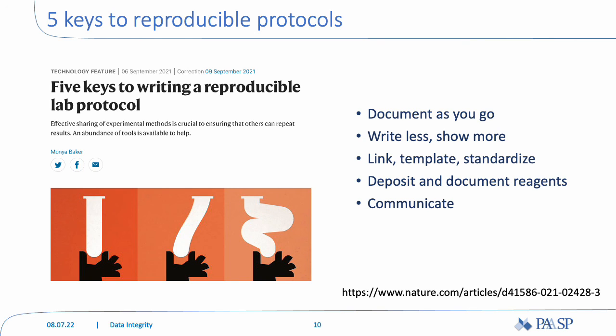Having full knowledge about the reagents and sharing them with the research community strongly supports reproducible research. And finally, communicate. That is a very important point, since communicating not only the scientific achievements, but also more details about the protocol among the lab members and the research community will help to increase transparency and data integrity.